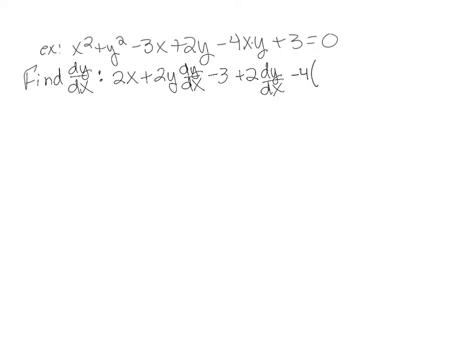So product rule says derivative of the first, which is 1, times the second, plus the first times the derivative of the second. So that's the derivative of xy, plus the derivative of 3, which is 0, equals the derivative of 0, which is 0. All right, I'm going to distribute that minus 4.